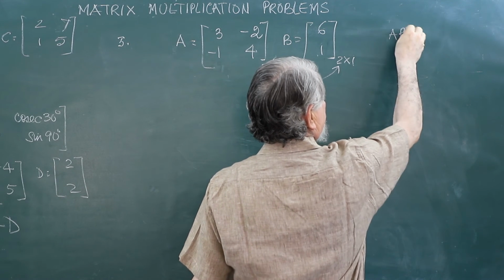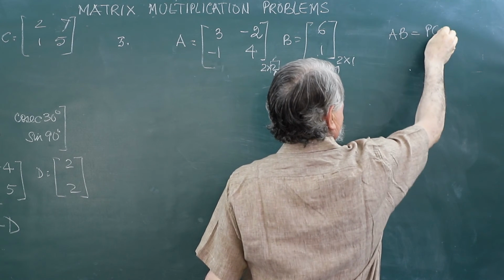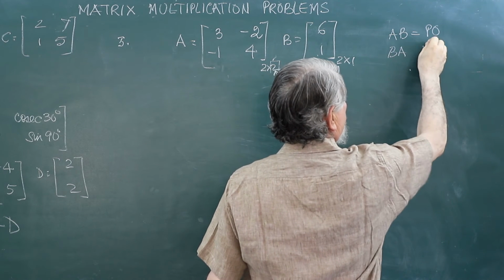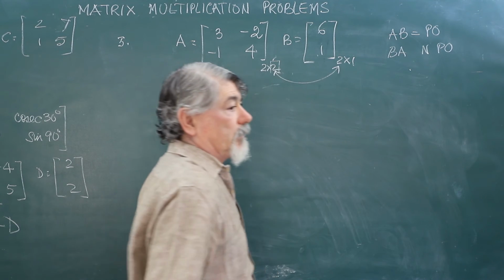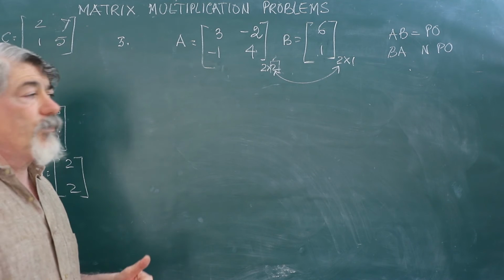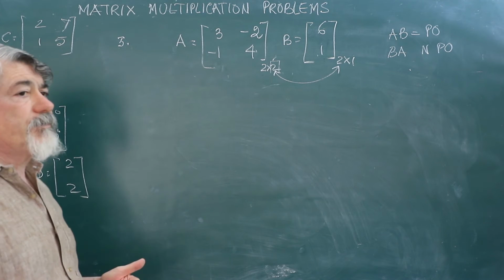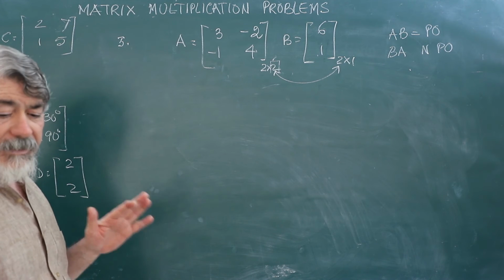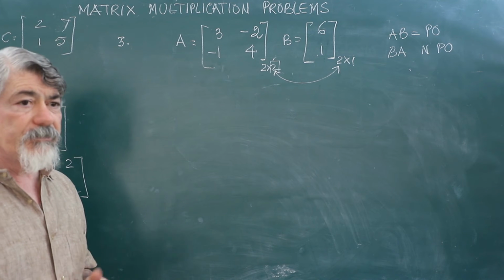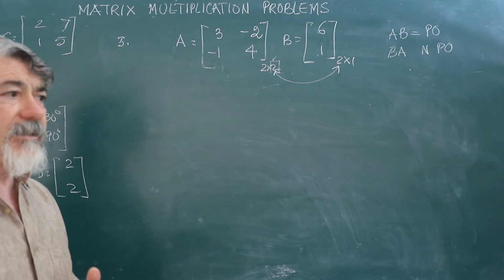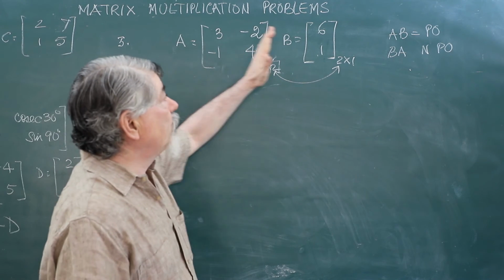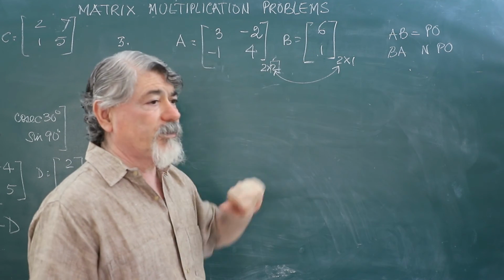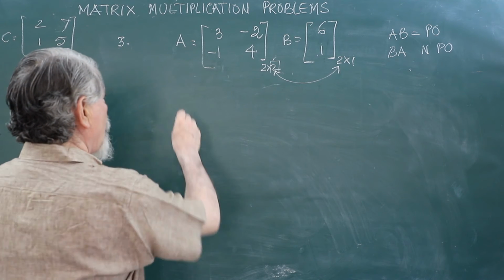AB is possible, BA not possible, because the number of columns in the first matrix should be equal to the number of rows in the second matrix. Then only matrix multiplication is possible, and this problem arises only when they are not of the same order. But here AB is possible, and you will see why.